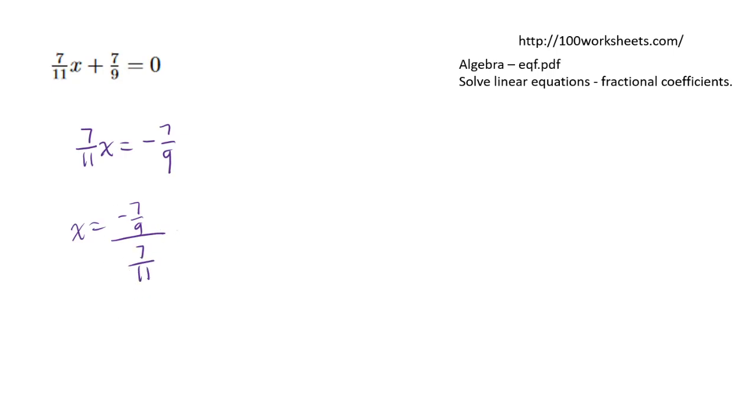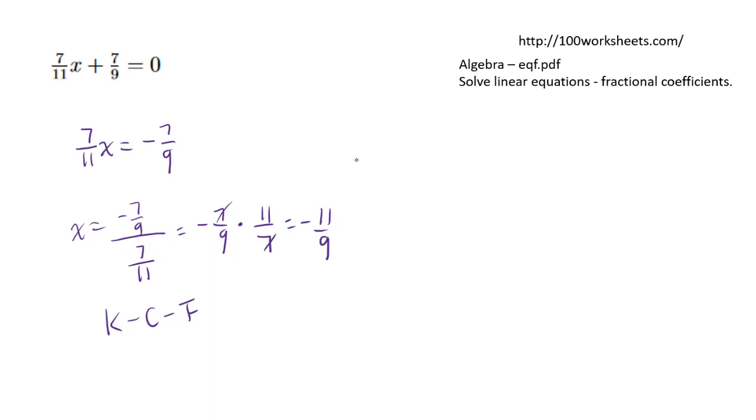You have to change this into simple fraction. In that case, you either have to use the keep, change, flip, which means it's the same as negative 7 over 9. You keep the top, and then division becomes multiplication, and you flip the fraction, which is 11 over 7. And then 7 cancels, so you get negative 11 over 9.